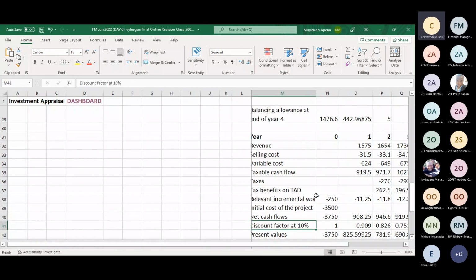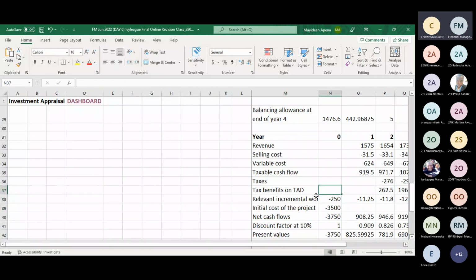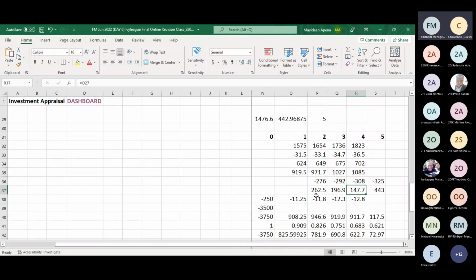Look at tax benefit on TAD. Look at what we have realized. It was 262 in year 2, 196, 147, getting lower. But look at year 5. We realized 443. And why did we realize this? Because the balancing allowance was claimed at the end of the project life. And how much was claimed?